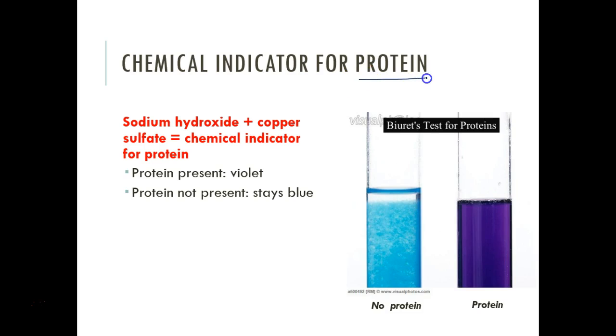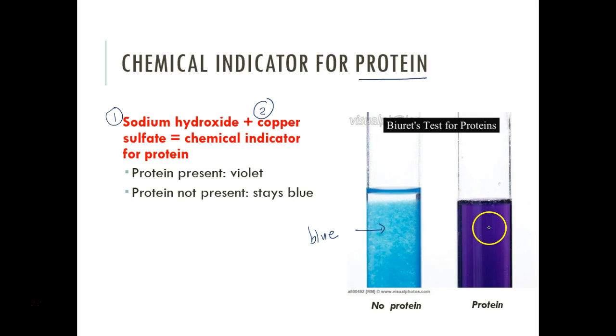We'll be looking at protein as well. The chemical indicator for protein is actually two things. One is sodium hydroxide and the second one is copper sulfate. You need both of them in order to test for protein. If you were to put sodium hydroxide and copper sulfate together, it would give you this blue color.